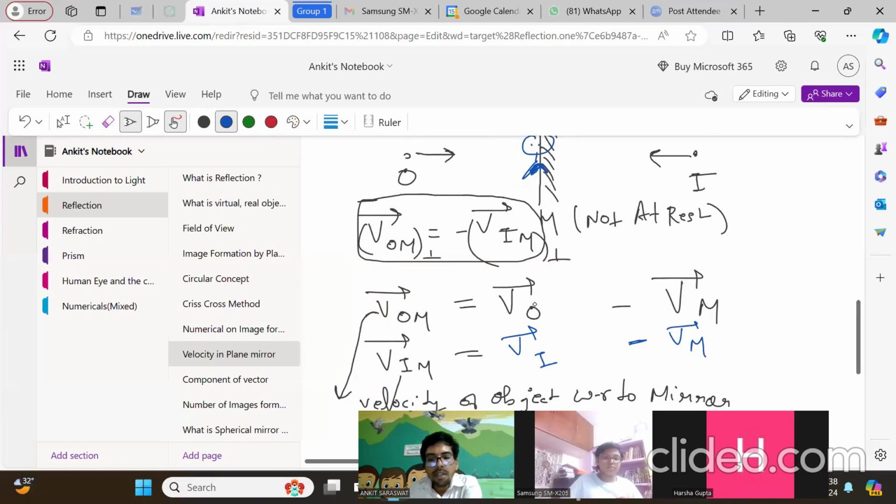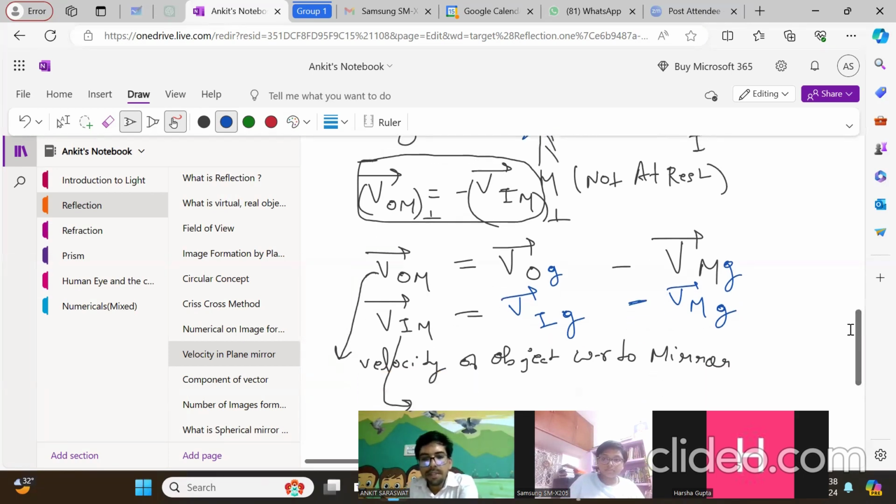If nothing is given, velocity is with respect to what? Always take ground as reference. If nothing is written, if no frame is given, always take ground. Clear? Any doubt? No doubt, sir. Okay. So I will stop this and we will discuss in the next meeting. Clear? Yes, sir. A little bit tricky, but it is very important.